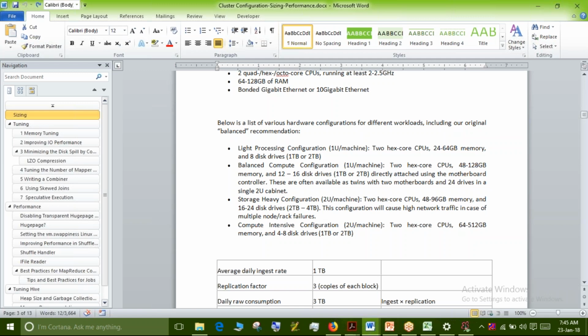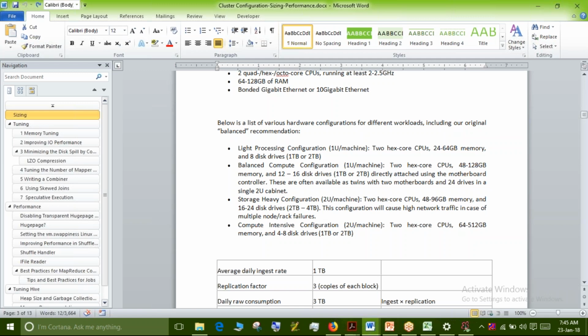What is the type of the cluster you want to set up? Is the core goal storage, or balanced compute, or storage heavy, or compute heavy? Depending on the type of the cluster you are planning to set up, slightly the things will change.